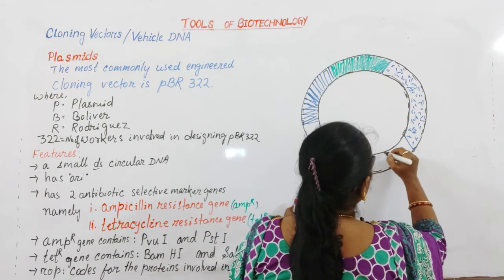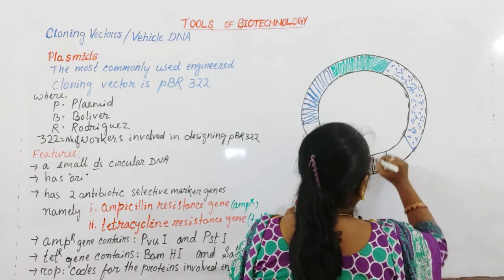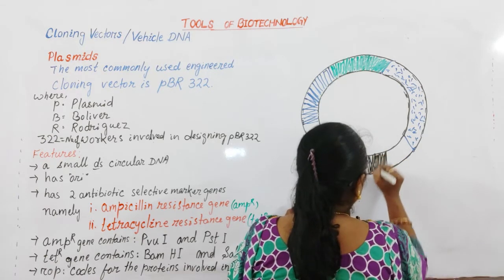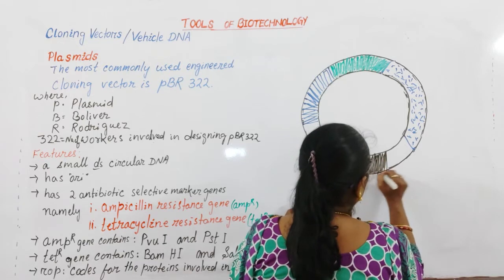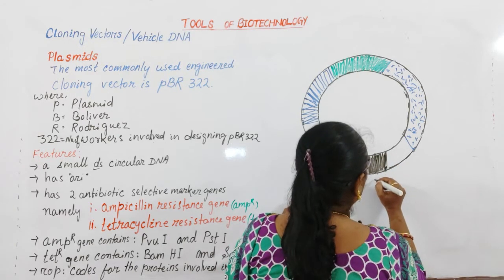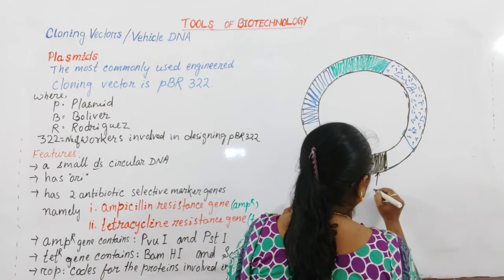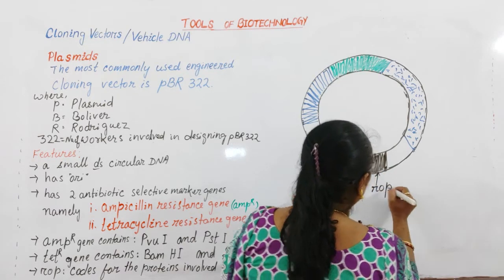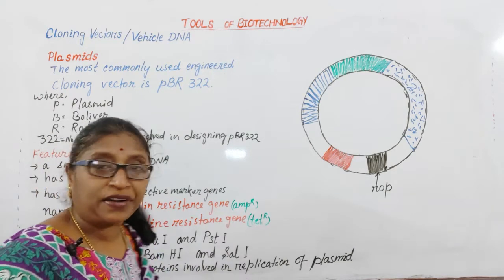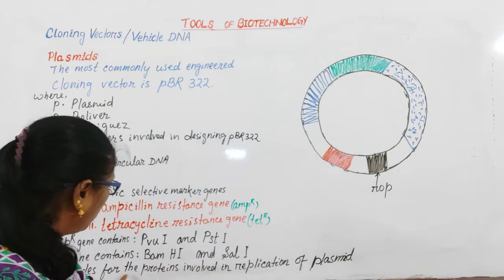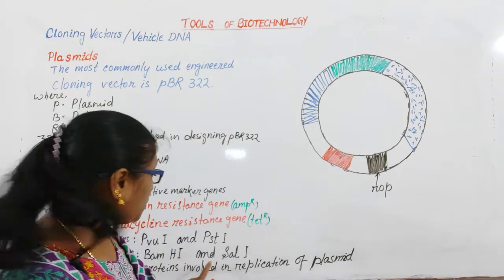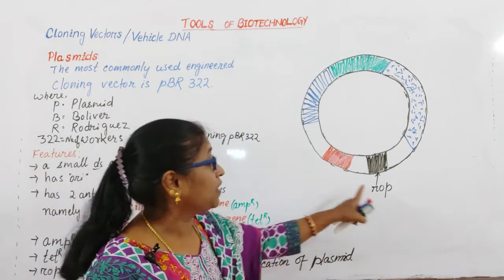This is ROP, the region, the sequence of nucleotides, the gene which codes for the proteins involved in the replication of the plasmid.